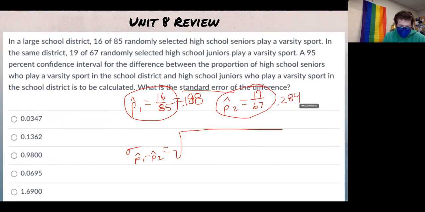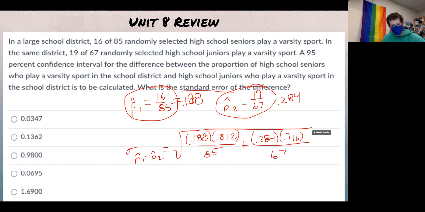We keep these as 2 separate proportions, and I would do 0.188 times 0.812 all over the sample of 85, plus 0.284 times 0.716 all over 67, which is the sample size. That's the only calculation we need to do for this. As complex as this might be, if we had to do even more, it's really just that one calculation in order to figure out the standard error. I shouldn't have put this. That would technically be just that.